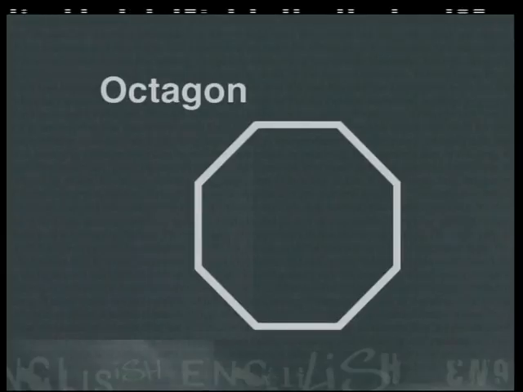Now, an Italian sonnet is divided into 2 sections that deal with 2 different aspects of the same subject. The sections are known as the octave and the sestet. Can you guess how many lines are in the octave? Well, we know that an octagon is an 8-sided construction, and an octopus has 8 legs.